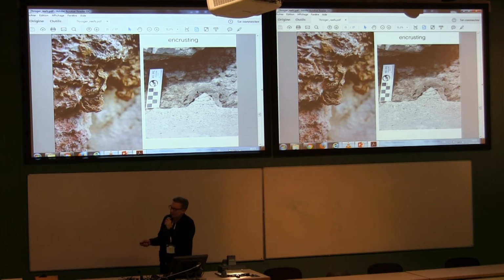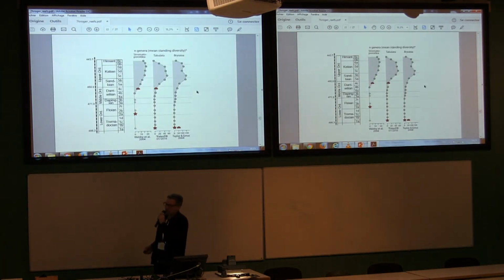And the question is now, when in the Ordovician did these encrusting organisms start to build amphitropic growth? So they took off in the soft sediment at some point, and the question is why and when? When we look at the diversification of these three types of organisms, the stromatoporoids, tabulates, and bryozoans, we see a very interesting pattern.